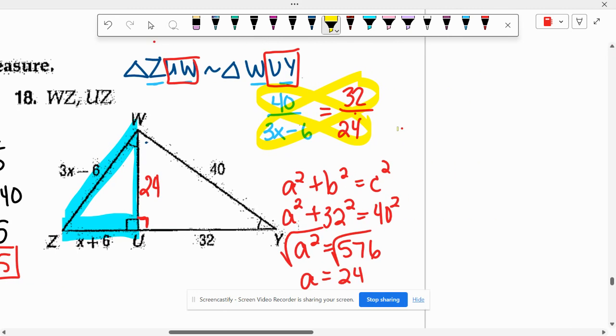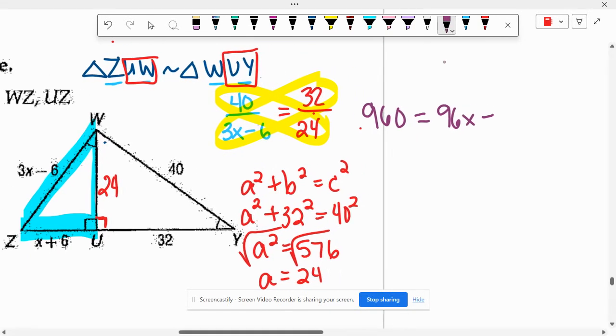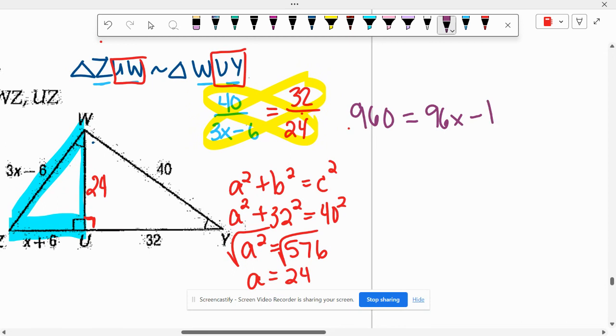So 40 times 24 is, I think it's 960. Yes. And 32 times 3, 96x, minus 32 times 6 is, I think it's 192. Someone better be checking my math. Okay.